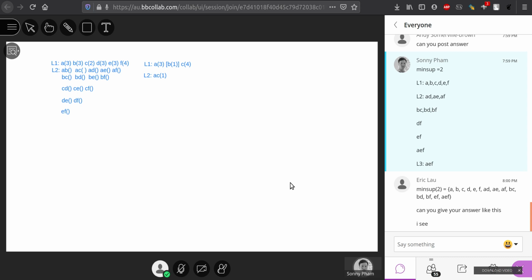The next question: focus on min sup equal to 2. Can you work out the maximal frequent patterns or maximal frequent item sets?